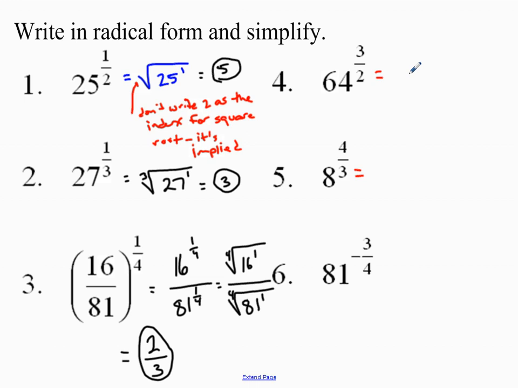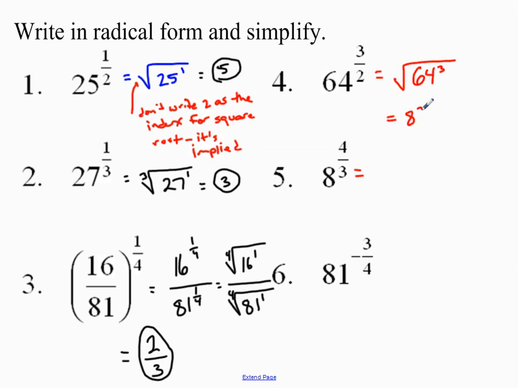Okay, so this one, 64. We said power over root. Did we write the 2? No, we don't write that 2 there. Hope I didn't catch any of you there. Don't write the 2. So the square root of 64 we know is 8.